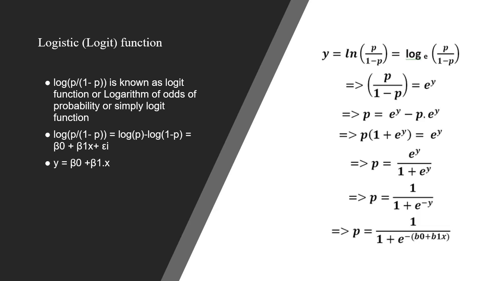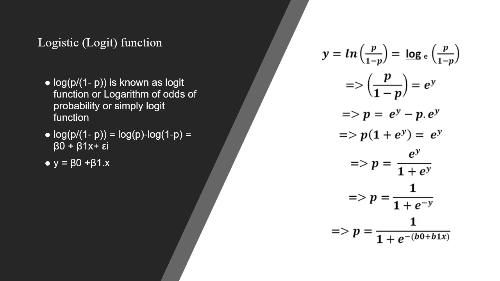So when you say log odds of probability, it means the logarithm of the odds. You can see here Y we are representing as the logarithm of the odds, that is P divided by 1 minus P. We take the logarithm to the base e, that is the natural logarithm.